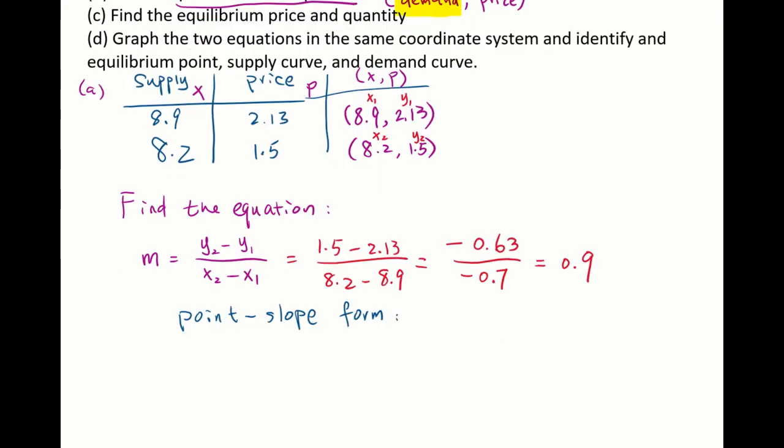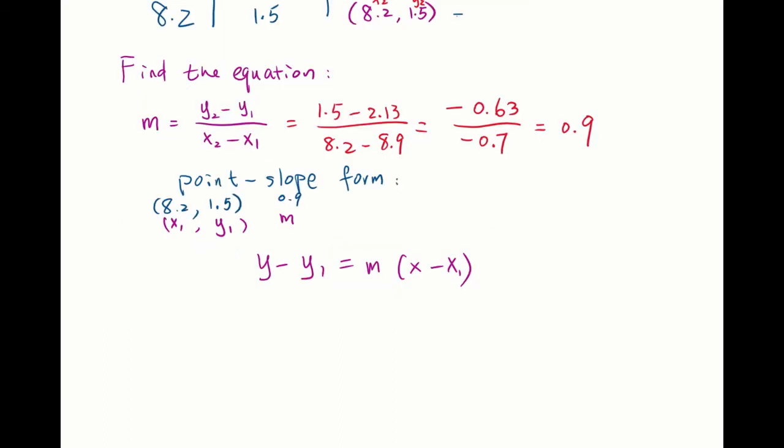Now we can write the equation in the point-slope form. We know the slope is 0.9. The point, you can pick any of these 2 points. I'll pick the second point as my point in the point-slope form. So 8.2 and 1.5.